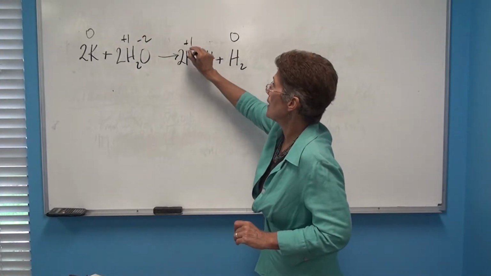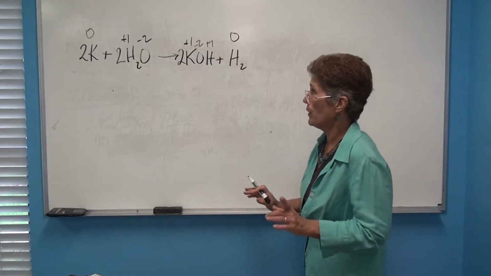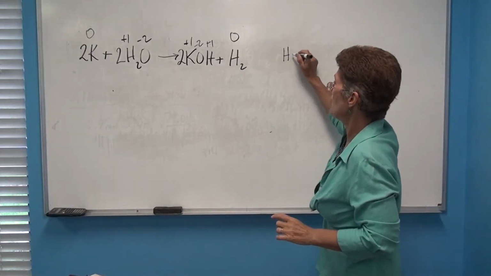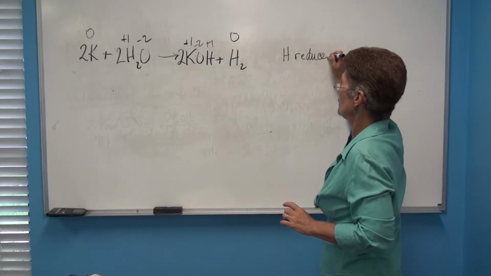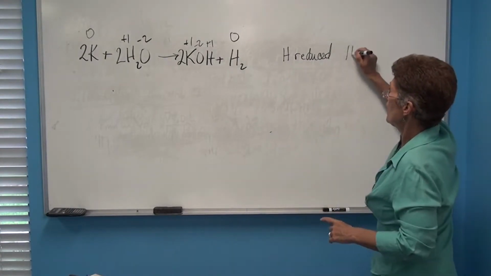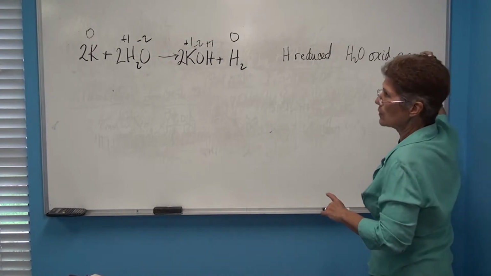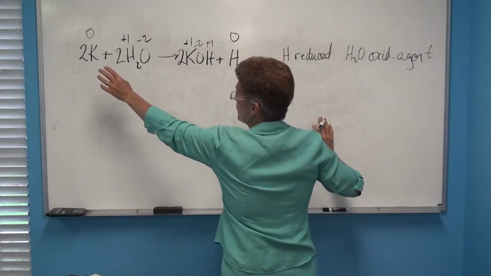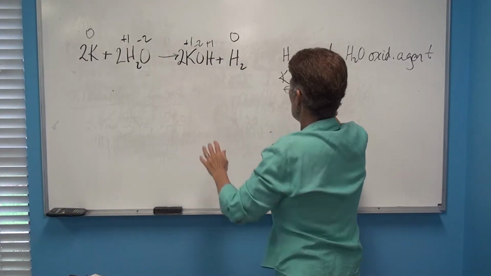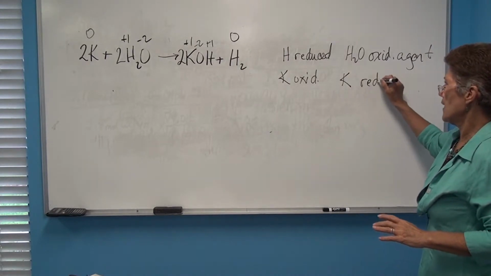I know that this one's going to get a +1, this one's going to get a +1, and this one's going to get a -2. Let's see. Hydrogen went from a +1 to a 0, so hydrogen is being reduced, isn't it? Okay, and if hydrogen's being reduced from water, then water is my oxidizing agent. Now, potassium went from 0 to +1, so potassium is being oxidized, and that means potassium is our reducing agent.